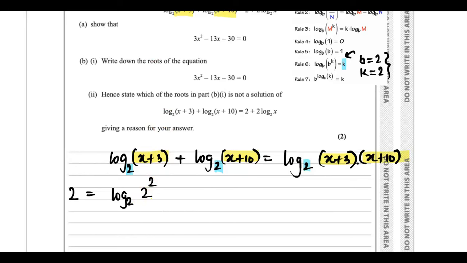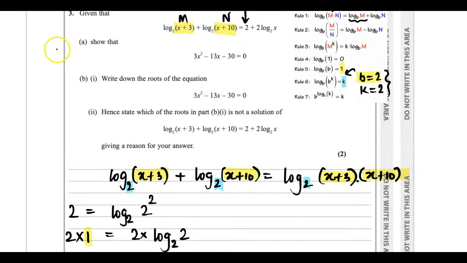Perfect. The other way around, we can also use the value 1. If it is written as 2, we can say it's 2 times 1. 2 times 1 will be 2 only. And then we are going to be changing 1. So 1 can be written as log b base b, where b is 2. So we can write it to be 2 times log 2 base 2. And when anything is written before log, we can keep it as the power, right?